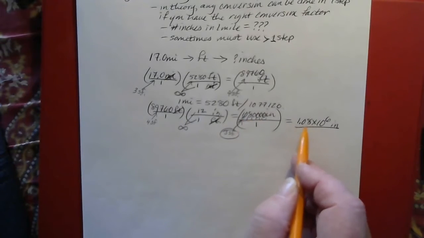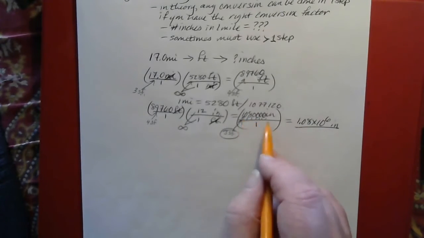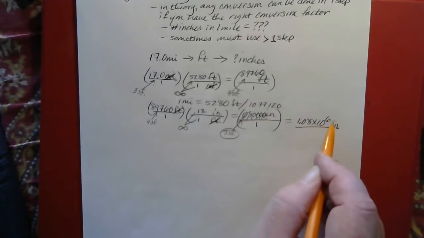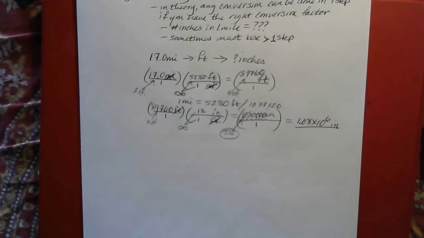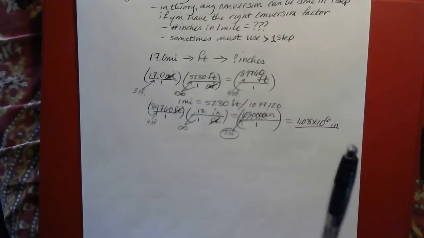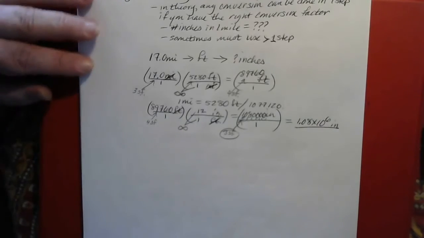That is a number between 1 and 10. And you move the decimal point 6 spaces in the direction that made the number smaller. So the exponent has to be bigger than 0, which is what you started out with. And so it's positive 6. Also, 1,080,000 is a pretty big number, so that would indicate a positive exponent. Okay.